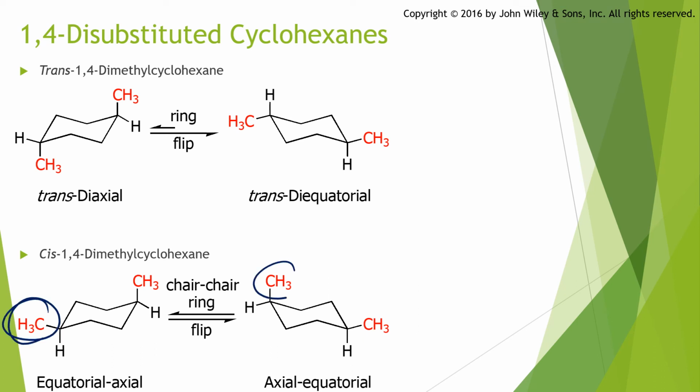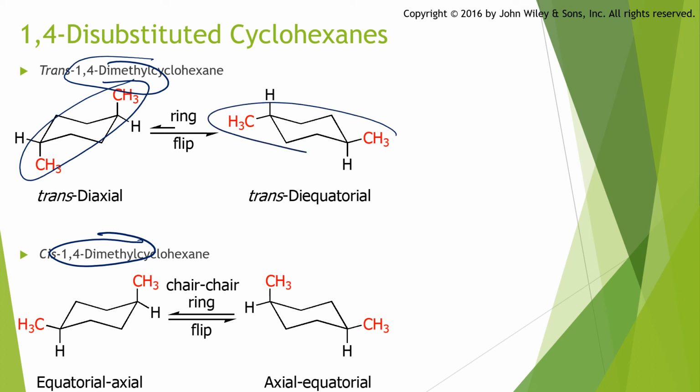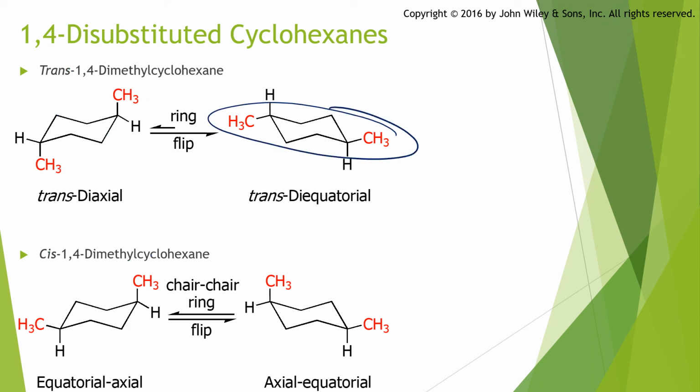This methyl will become axial, this methyl will become equatorial. And so notice that they have the same substitution, 1,4-dimethyl, but in the trans disubstitution, they can either both be axial or both be equatorial. For cis 1,4, they are going to be one axial, one equatorial, even though they're pointing on the same face of the molecule.